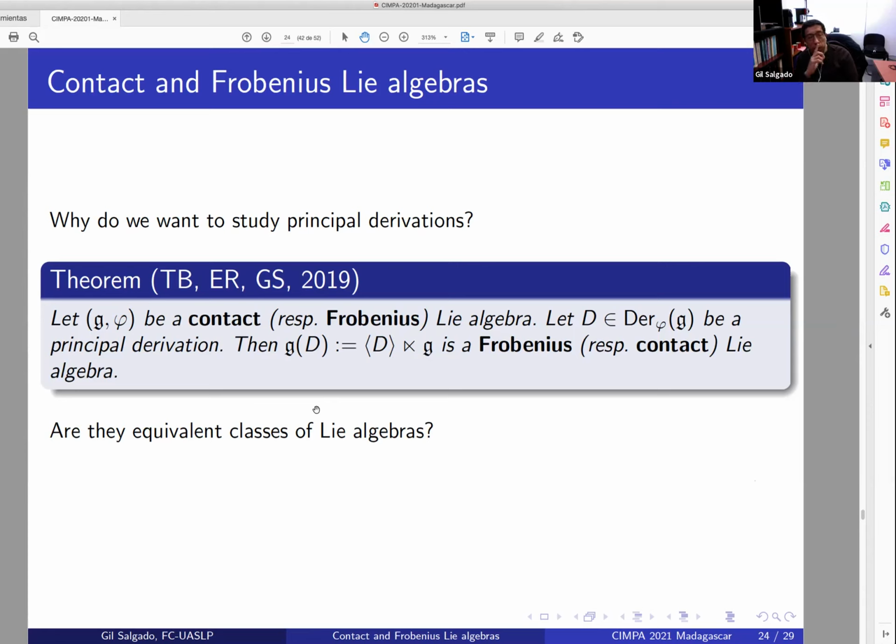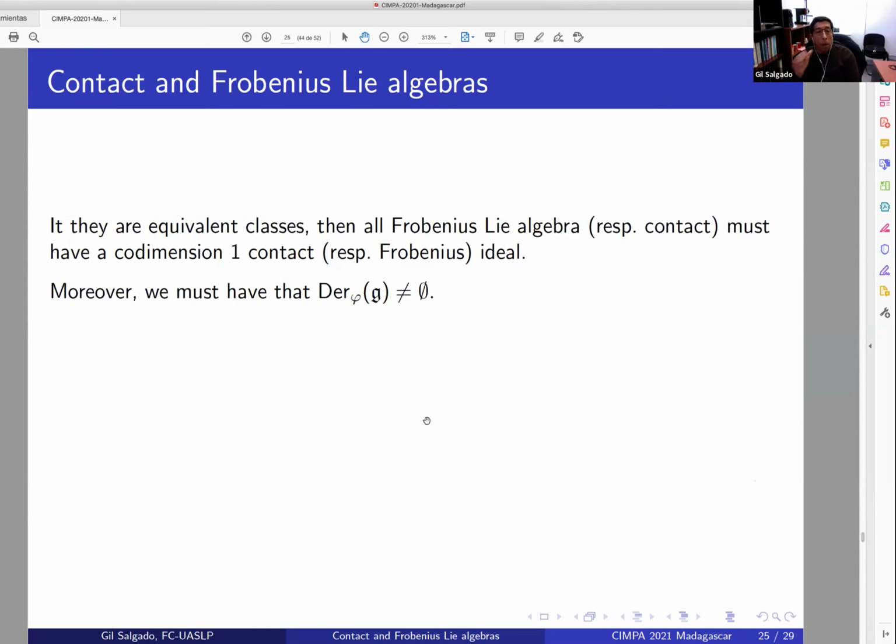So we can ask: are they equivalent classes of Lie algebras? And the answer is no. If they were equivalent classes, then all Frobenius Lie algebras must have a codimension 1 contact ideal, and all contact Lie algebras must have a codimension 1 Frobenius ideal, and we know that this is not true. Moreover, if they were equivalent, then the sets of principal derivations must be not empty, and this is false.